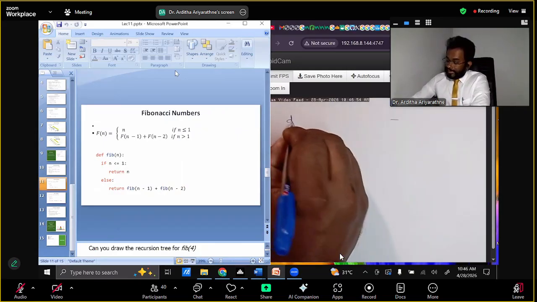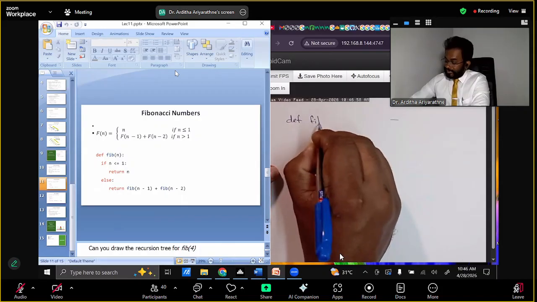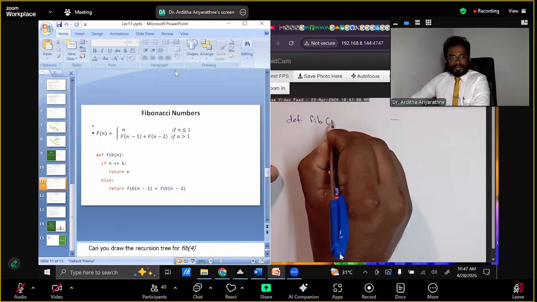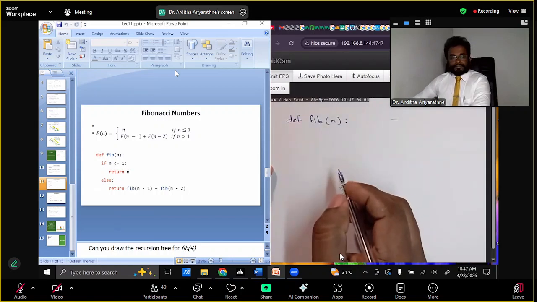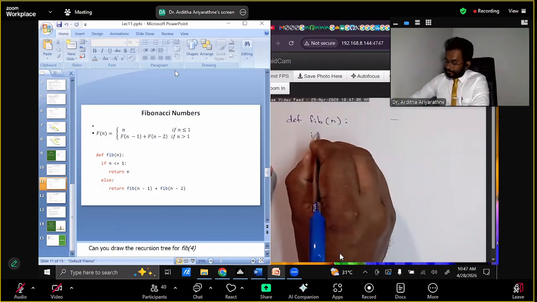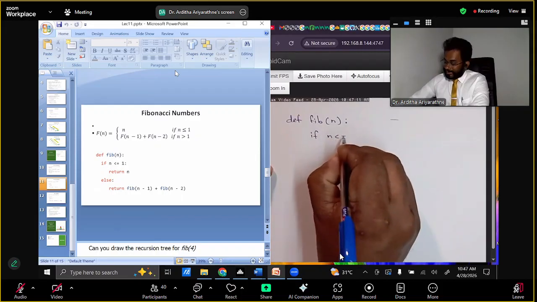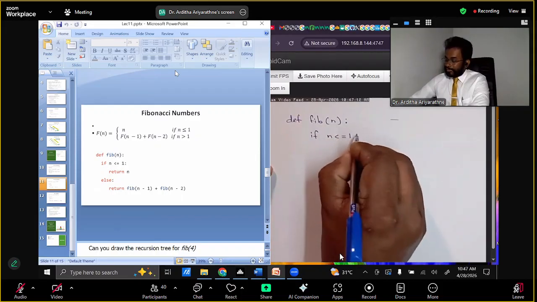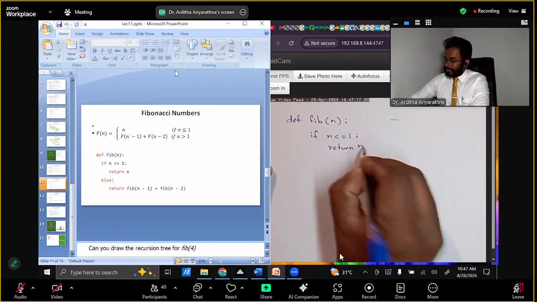Here, def fib is the function name, with n. For the basic level, if n is less than or equal to 1, we are returning the same value, return n.